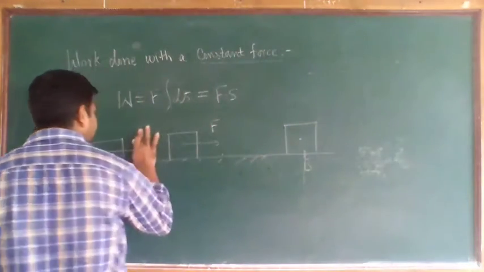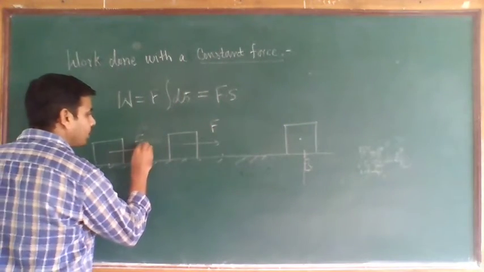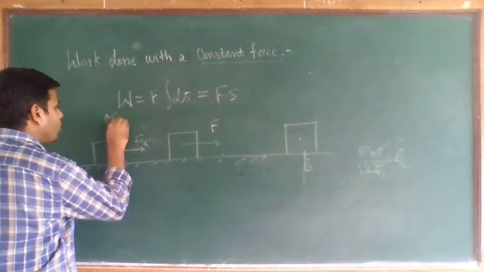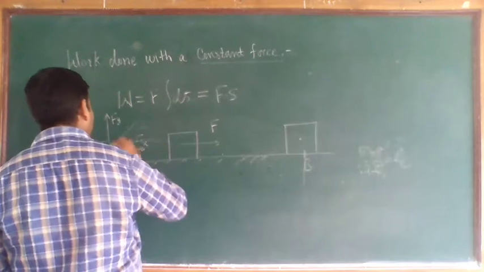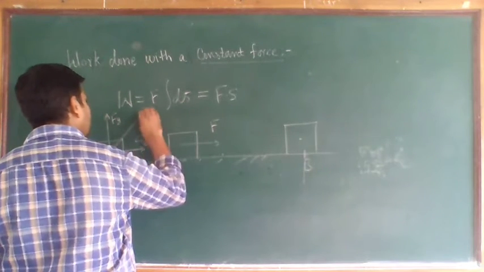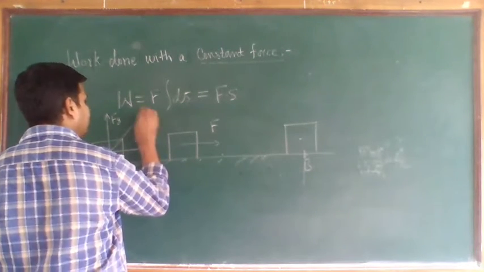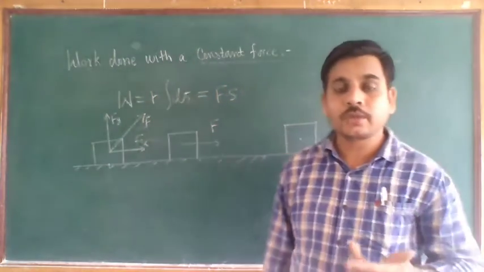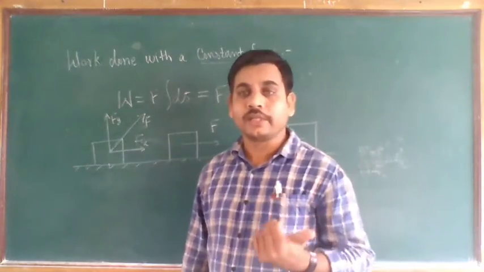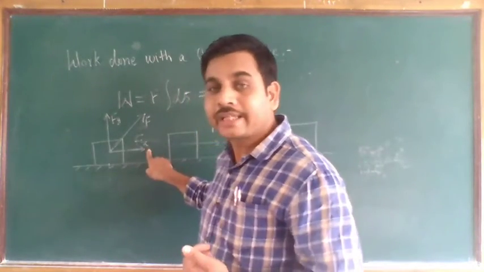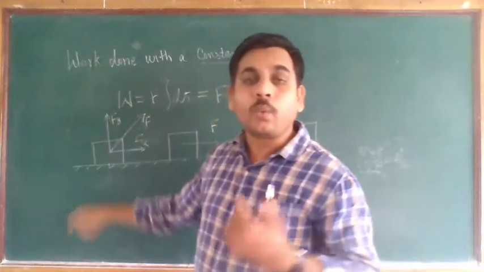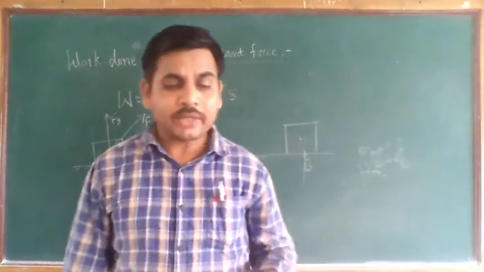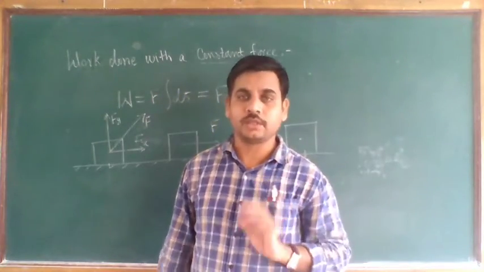This constant force is obtained by resolving the force into two rectangular components: f of x, f of y, and this is our force F. So the force is resolved into a rectangular coordinate system, along the x and along the y component. Now we consider the magnitude of the two components.